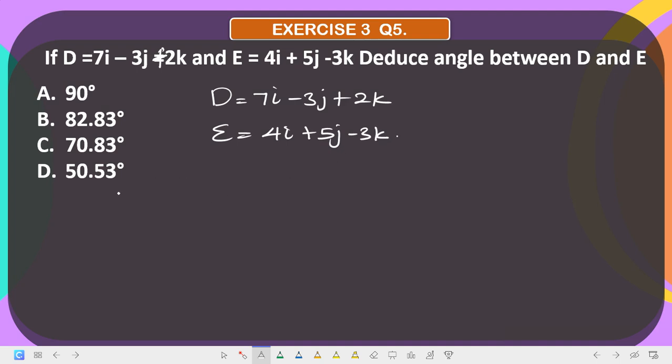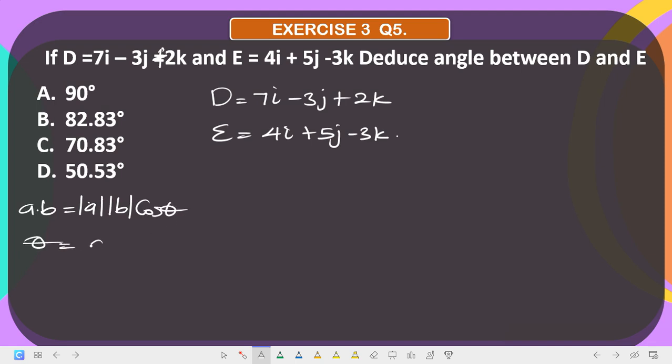Now the angle between two vectors, if you find the cosine, what is it going to give to you? You have a dot b is equal to the magnitude of a times the magnitude of b cos theta.